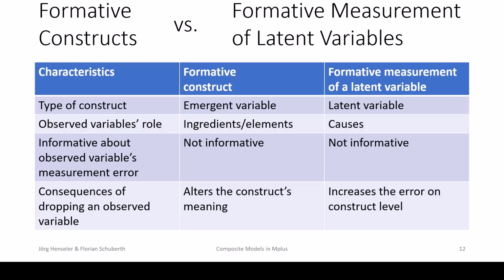So dropping observed variables alters the construct's meaning if we have a formative construct. In contrast, if we have formative measurement of a latent variable, then dropping an observed variable only increases the error on construct level. That means the residual variance gets larger, but the meaning of the latent variable does not change.